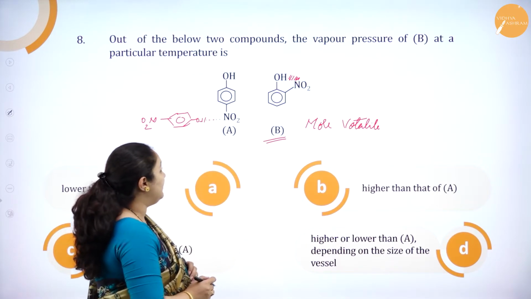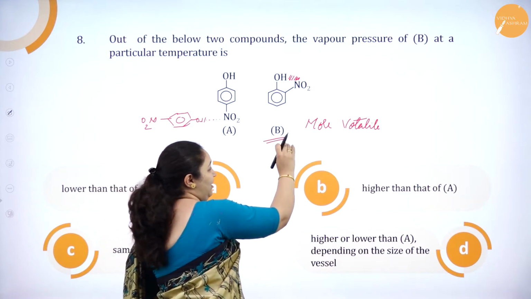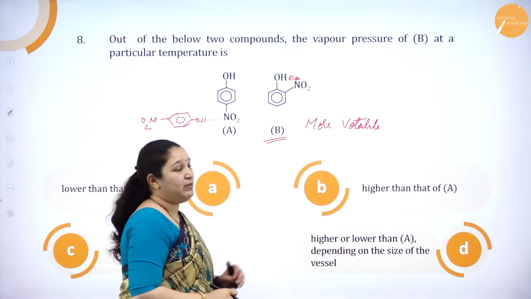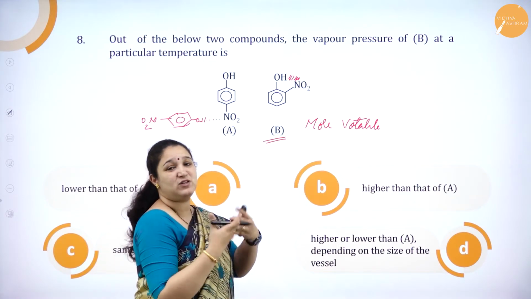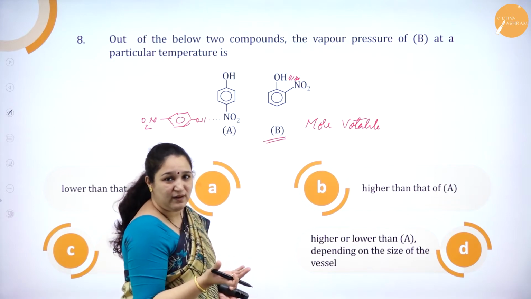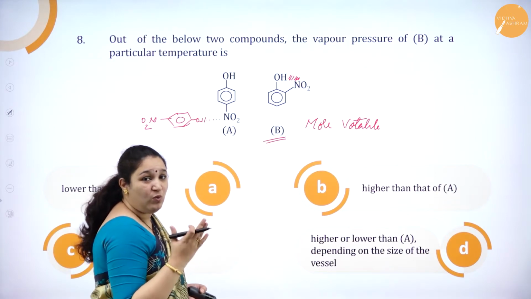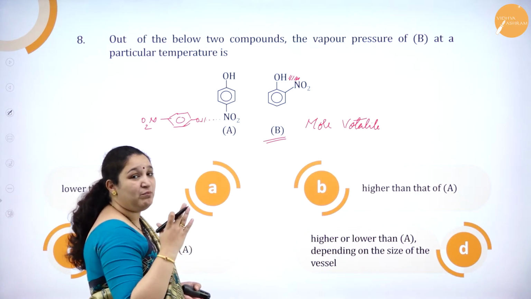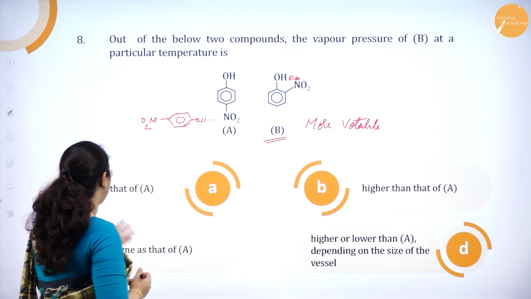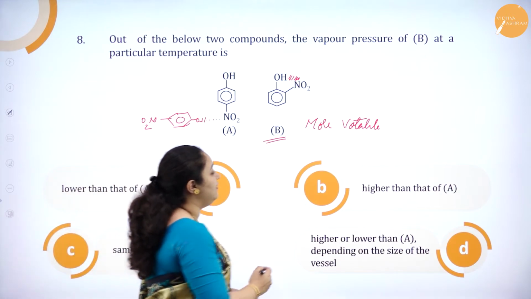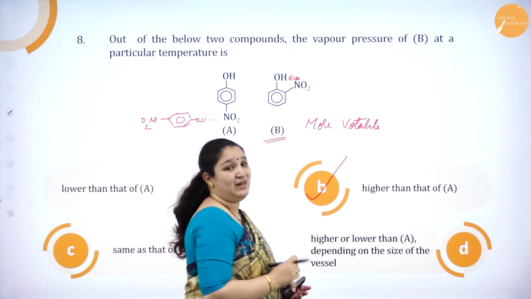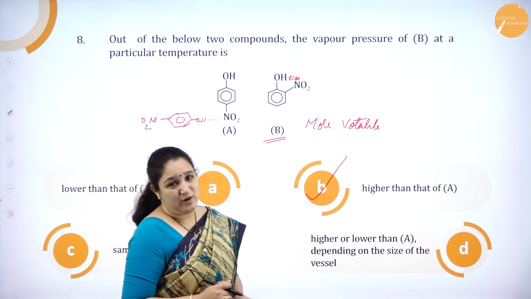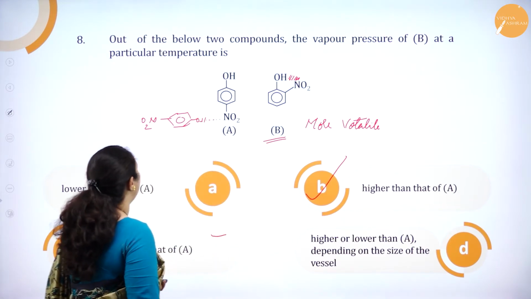So what you can tell, the vapor pressure of B will be more than that of A because it's more volatile, its vapor pressure will be more. Correct? Yes or no? So what is the answer? Vapor pressure of B will be more than that of A. It's not lower, it is higher than that of A. Option B is the right answer. So I hope you have understood. We shall move to the next question.